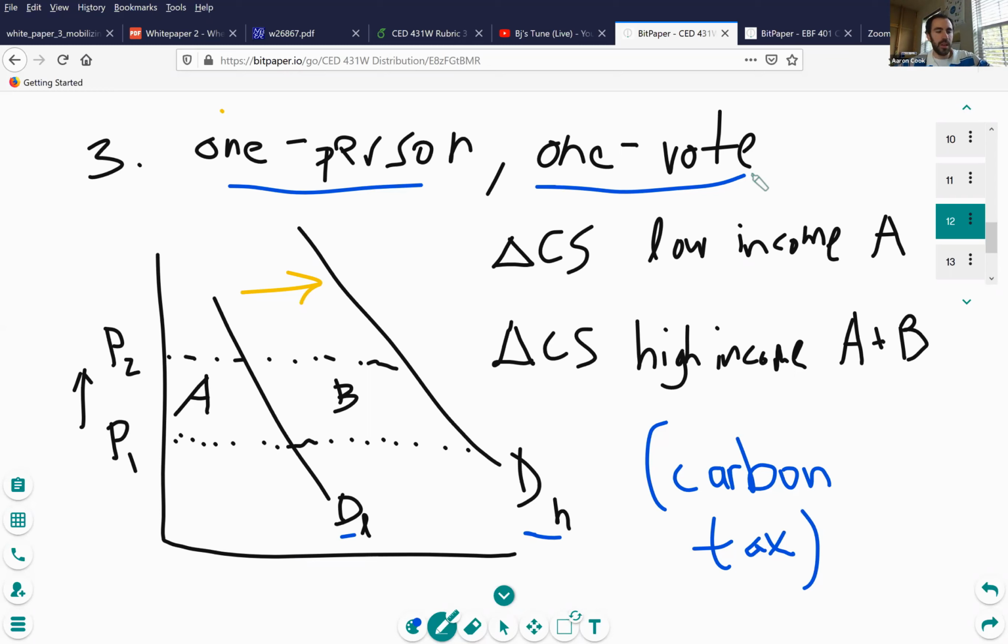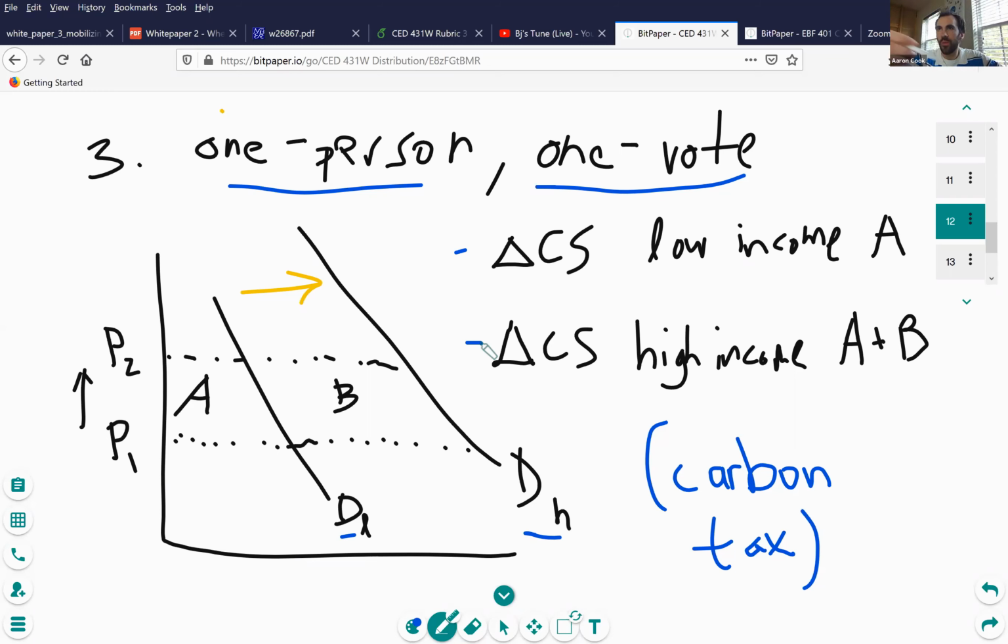But in this economic context, this consumer surplus change is counting to a higher degree for high-income individuals than low-income individuals. This goes against this one person, one vote principle that we find equitable and just and fair and right in the political arena.